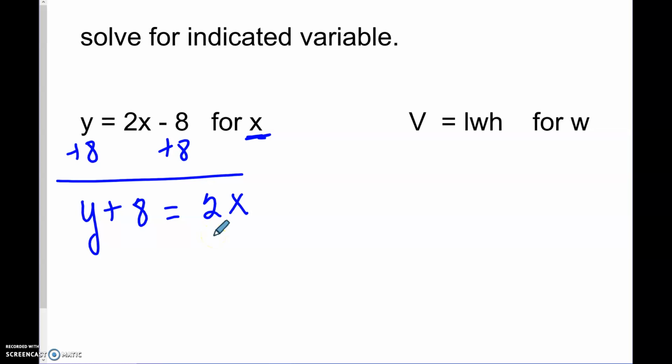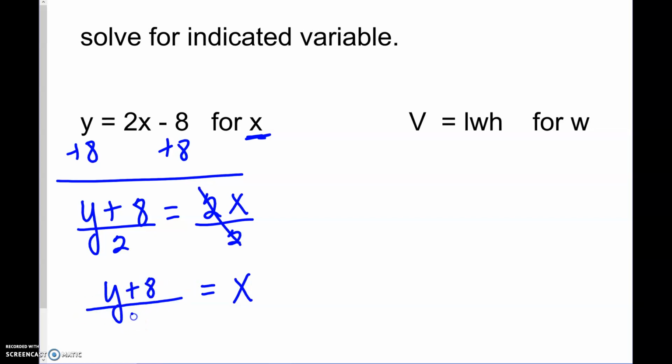Well, that says 2 times, so I am going to divide because we do the opposite operation. So this is a 1x, and that is just like writing x equals, and it's y plus 8. And notice this fraction bar goes over everything, not just the y, not just the 8, the whole thing, divided by 2. So that's your final answer.